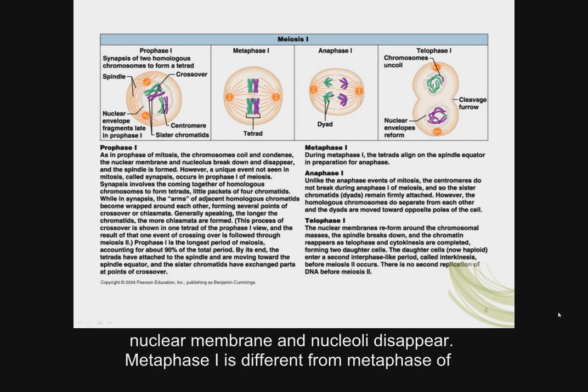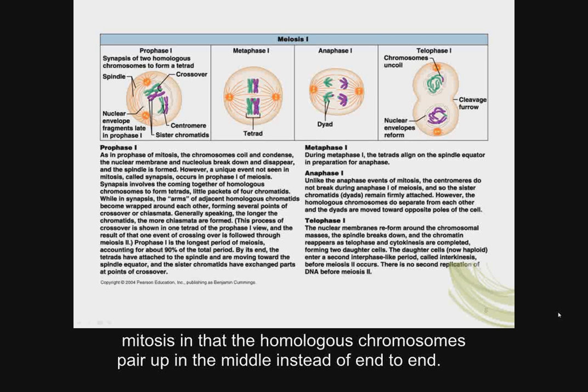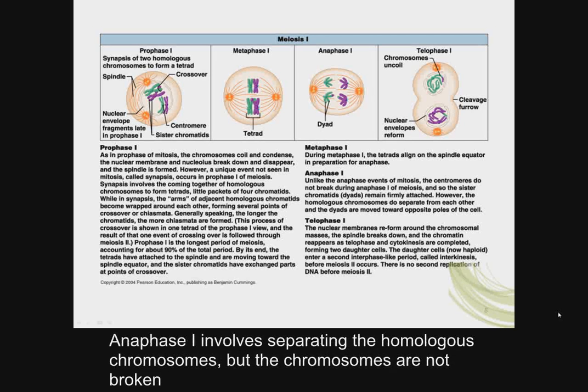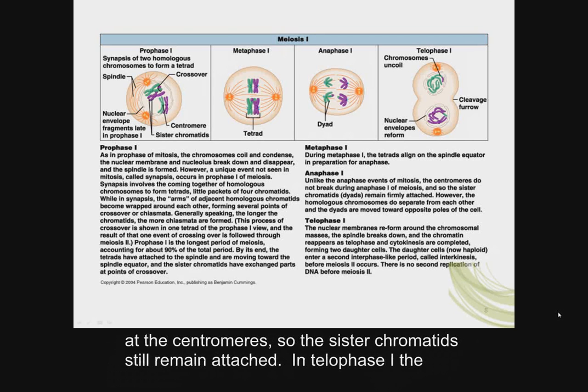Metaphase 1 is different from metaphase of mitosis in that the homologous chromosomes pair up in the middle instead of end to end. Anaphase 1 involves separating the homologous chromosomes, but the chromosomes are not broken at the centromeres, so the sister chromatids still remain attached.